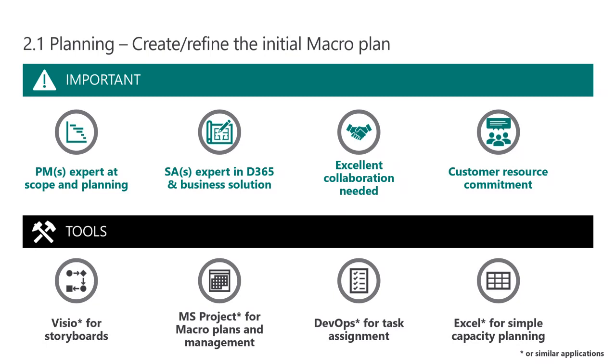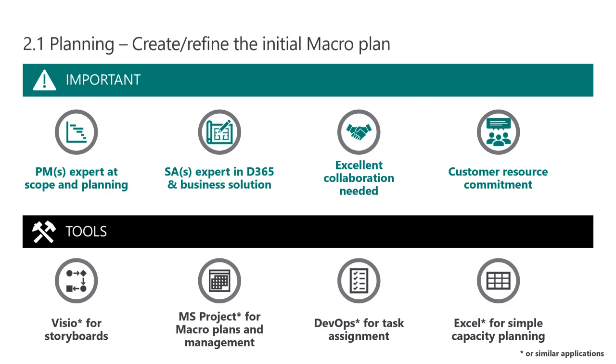For the macro plan, use something like Microsoft Project or similar. Once you start looking at task assignment and creating the more detailed tasks, think of using something like Azure DevOps or whatever you're familiar with and happy with. If you use Jira, use that. And then for the capacity planning, again, start with something very simple like Excel to do the load balancing at a constrained capacity for the constrained roles.